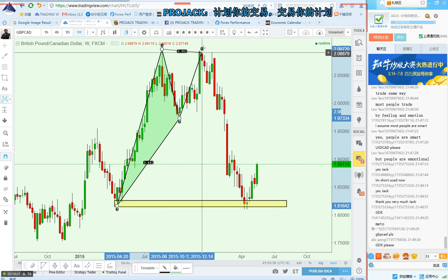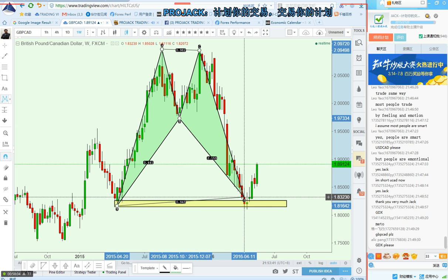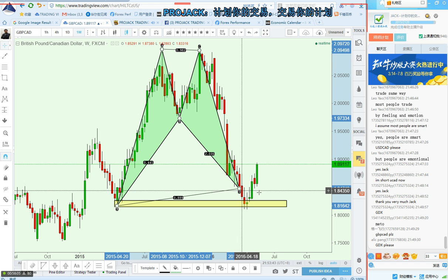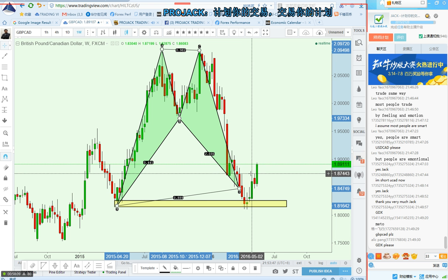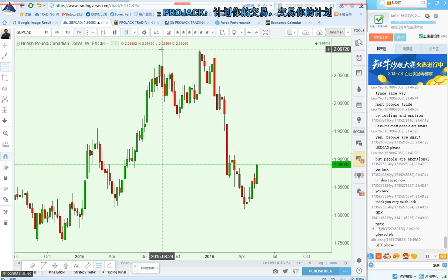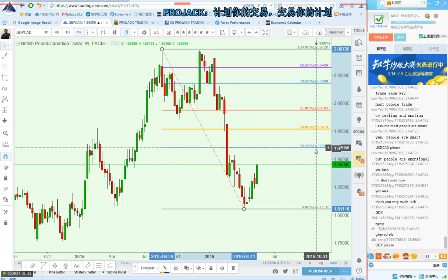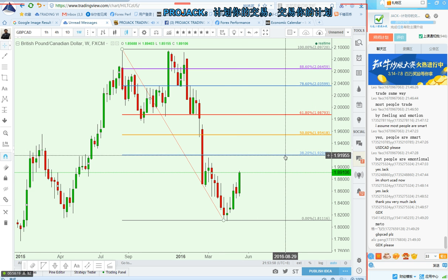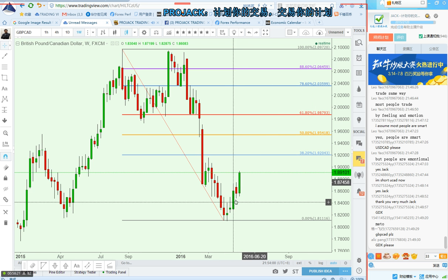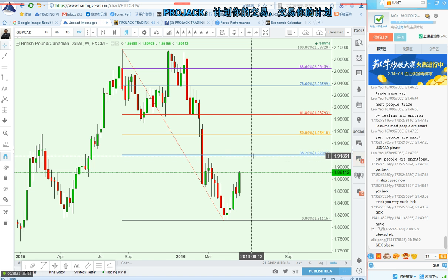The harmonic pattern tells me that maybe it's a good time to buy Sterling CAD around this zone, and yes, it reversed nicely. So where's the target? Sterling CAD may go all the way up to 1.92. That is the place where you can take profit on your long position.